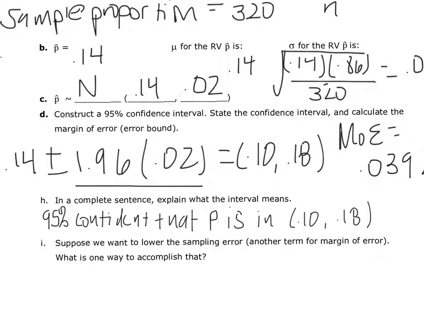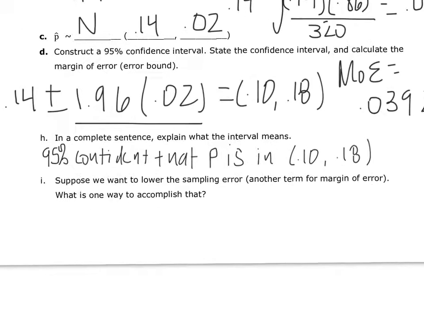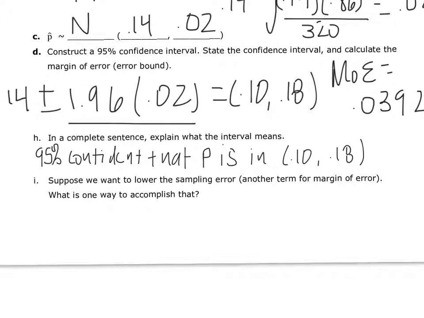Next question. Suppose we want to lower the sampling error, which is another term for margin of error, which you can see used quite a bit. How can we accomplish that? We want a smaller value here. We want to add and subtract something that's smaller.